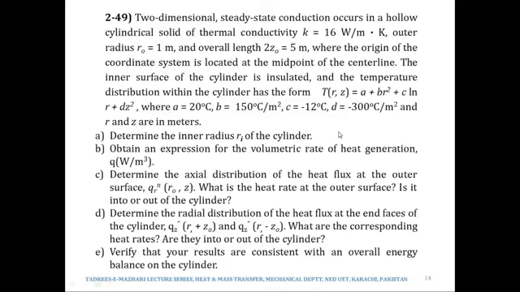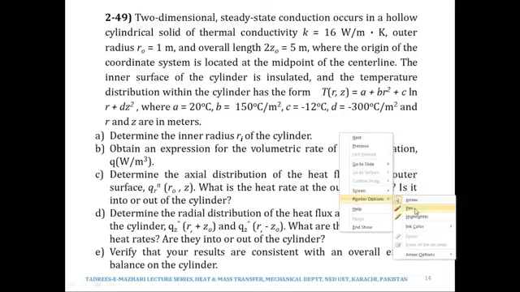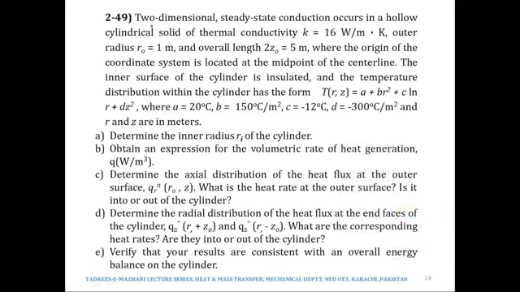Two-dimensional steady state conduction. So it is two-dimensional, which means the temperature would be a function of two dimensions. Steady state conduction, so ∂T/∂t would be 0, occurs in a hollow cylindrical solid of thermal conductivity 16.